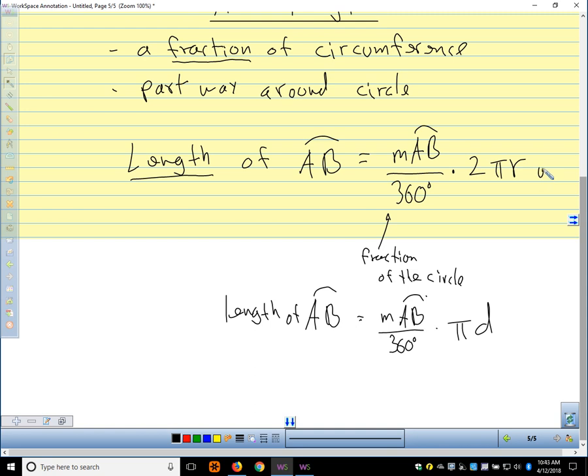And that's going to be in units. So when we're talking about arc length, we're talking about inches, meters, centimeters, something. So this measure of the arc in degrees divided by 360 tells us what fraction of the circle the arc takes up.